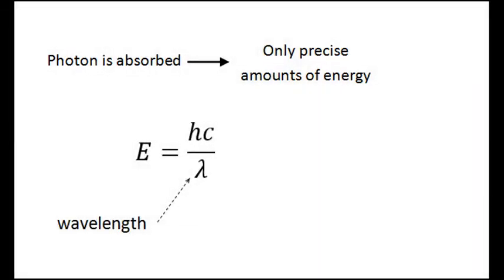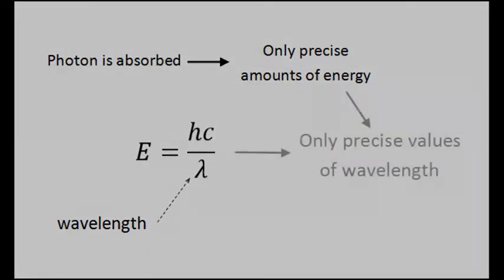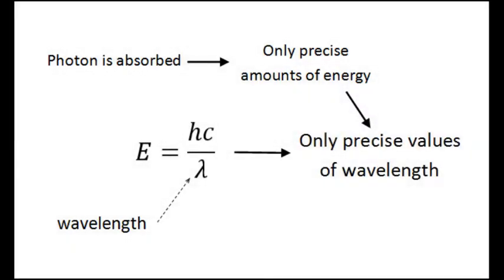And since the energy of a photon is determined by its wavelength through this equation right here, where h and c are just physical constants, if an absorbed photon can only have precise values of energy, then that means through this equation that it can also only have precise values of its wavelength as well.